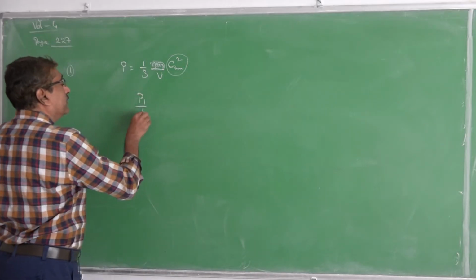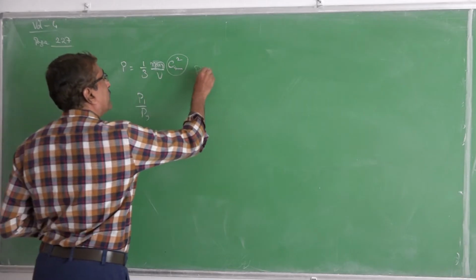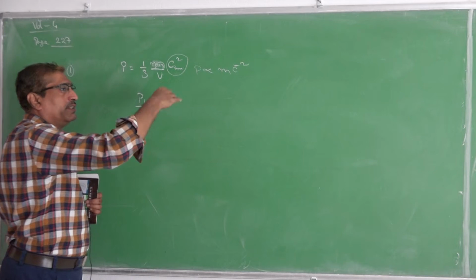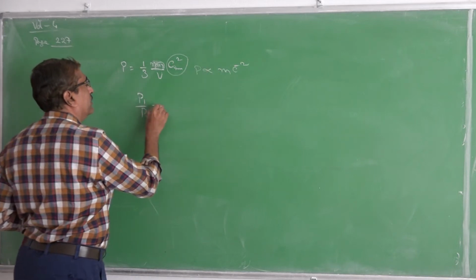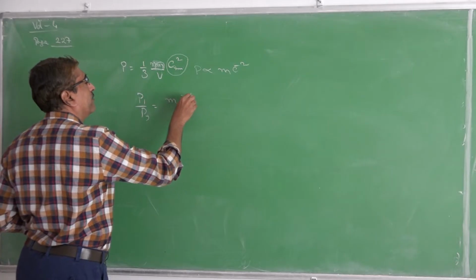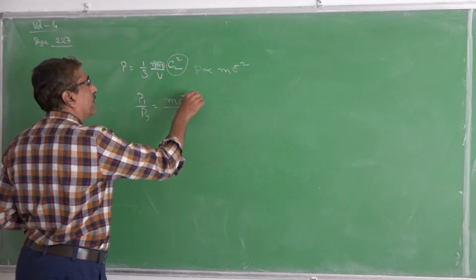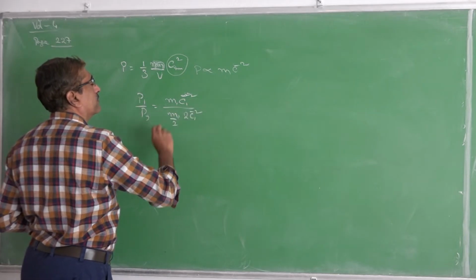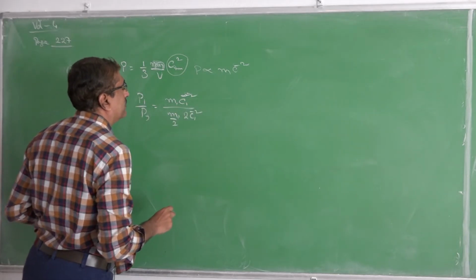P1 by P2 is equal to, we can write P is proportional to m and C bar square. Here we can write root mean square as C bar square. So P is equal to m1 C1 square by m1 by 2 into 2C1 square. Oh, sorry.